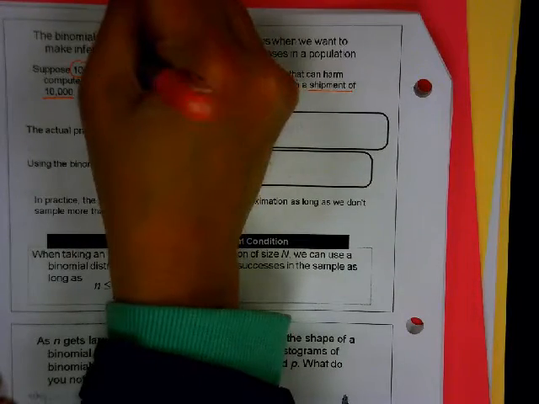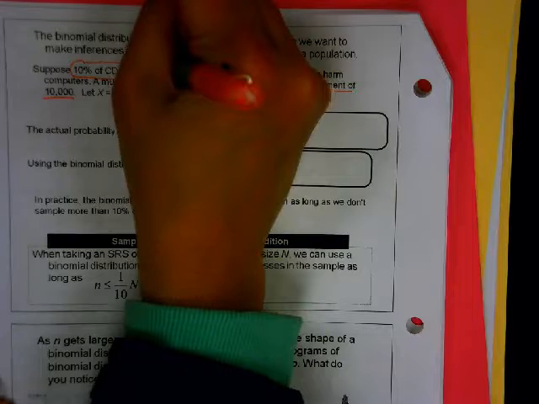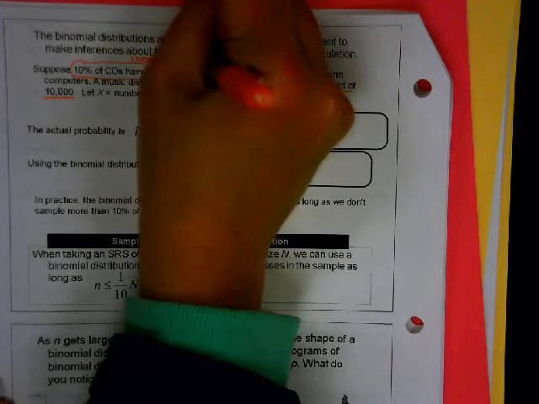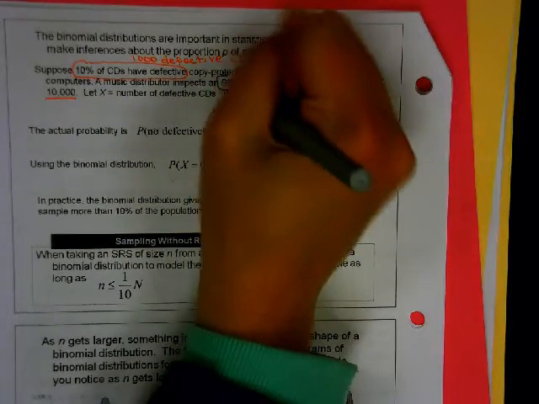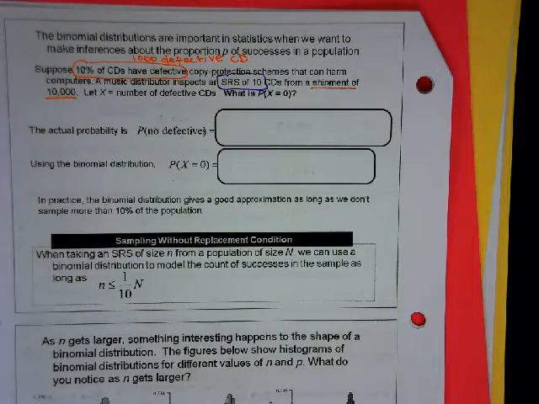Now, the music distributor is only looking at an SRS of 10. So what is the probability that in those 10 CDs, he doesn't get a defective CD? So we know 1,000 of them are defective, which means 9,000 are not.